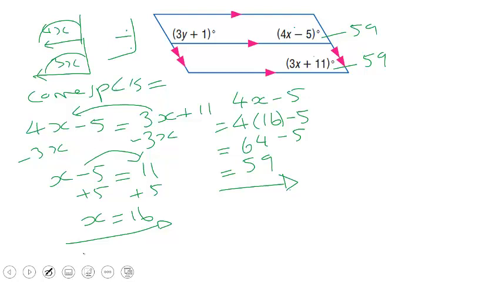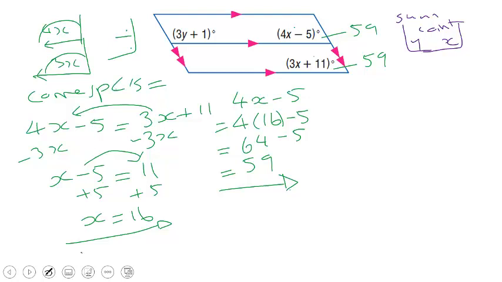We are going to look at the shape. So I've got y here, that's where my y angle is, and I've got an option of using that x, which gives me the sum of co-interior angles. So we've got the sum of co-interior angles.